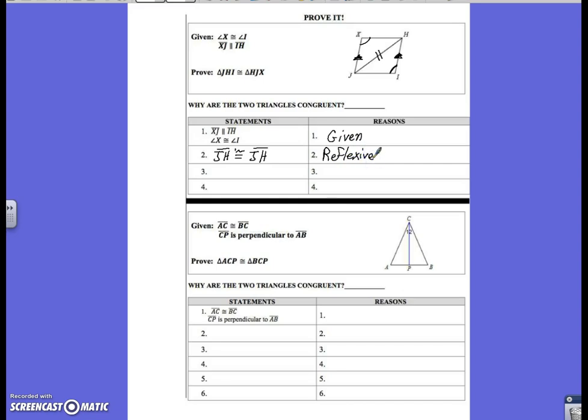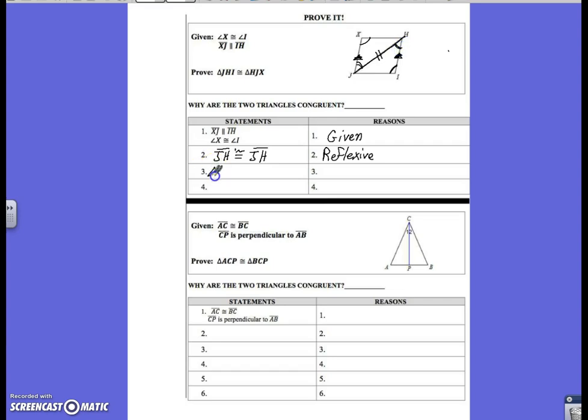Now, let's go with this parallel line thing. Well, if these two sides are parallel, then that makes this HJ here a transversal. So notice that we have this angle right here formed by the parallel line and the transversal. And this angle here formed by the transversal.